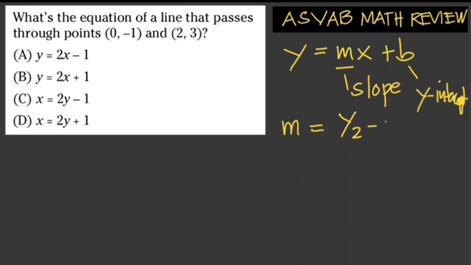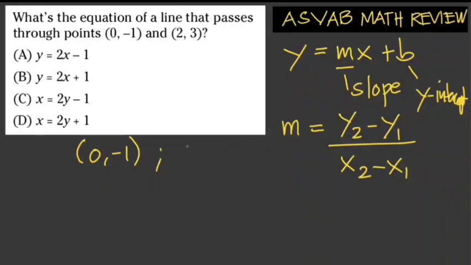m equals y sub 2 minus y sub 1 over x sub 2 minus x sub 1. So given the 2 points, (0, -1) and (2, 3), we can denote the first point as x sub 1, y sub 1, and the second point as x sub 2, y sub 2.